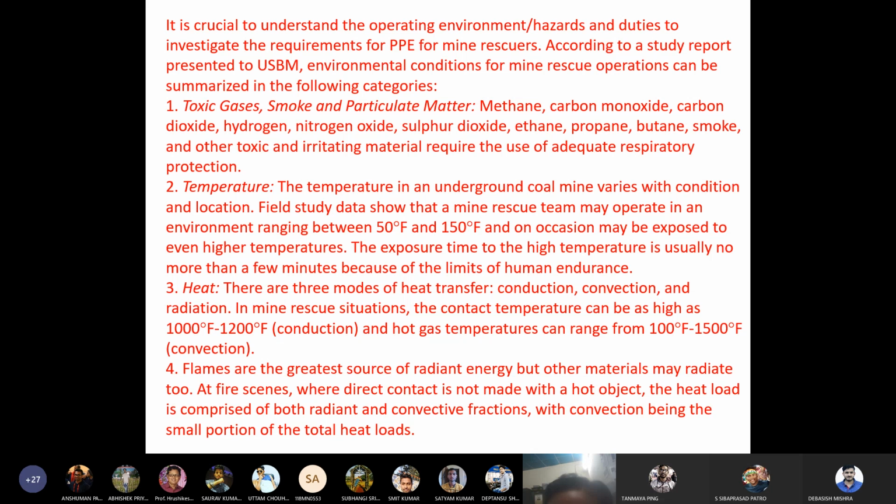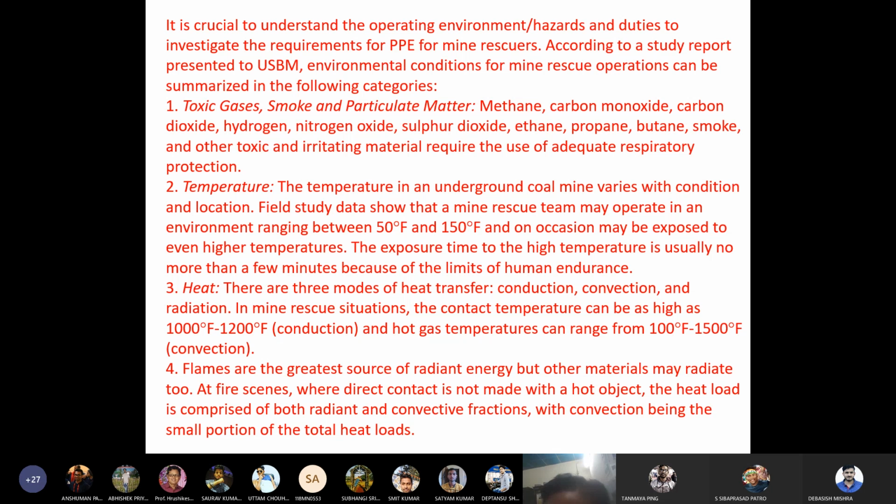So the environmental conditions for mine rescue operation can be summarized in the following categories. Inside the underground mine, the toxic gases are there, smoke. In case of fire, smoke will be there, and particulate matter, dust particles. So the toxic gases like methane, carbon monoxide, carbon dioxide, hydrogen, nitrogen oxide, sulfur dioxide, ethane, propane, butane, smoke, etc. are found inside the underground mine.